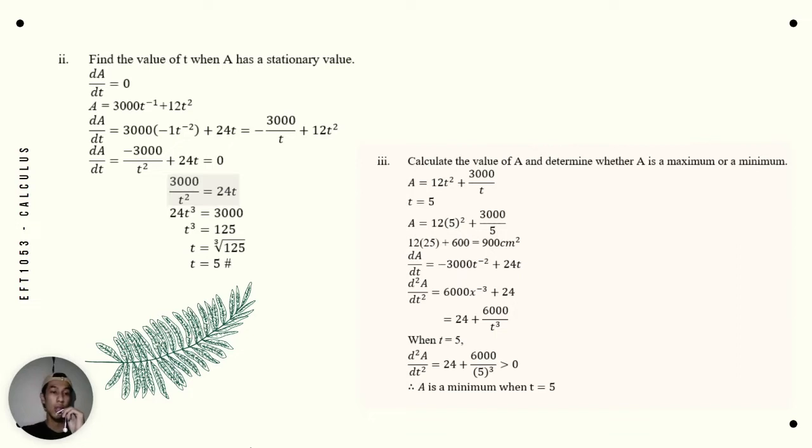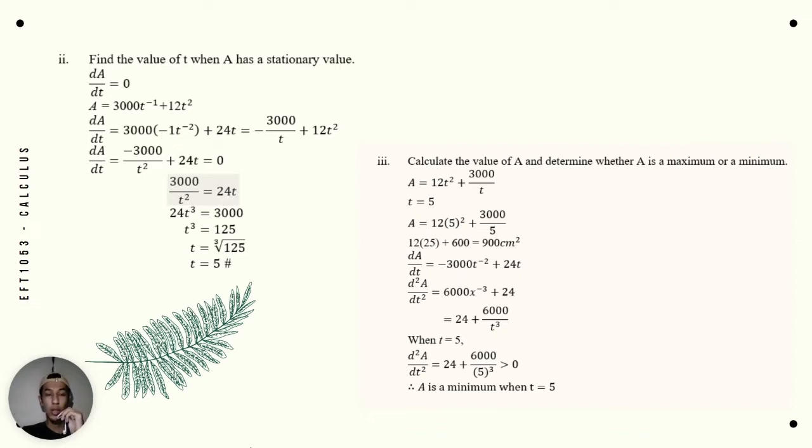After we calculate, we get 3000 over t² equal to 24t. So in the end, we get t equal to 5.